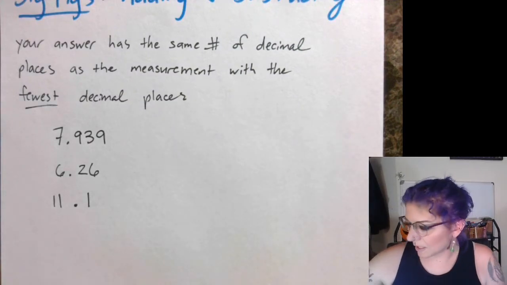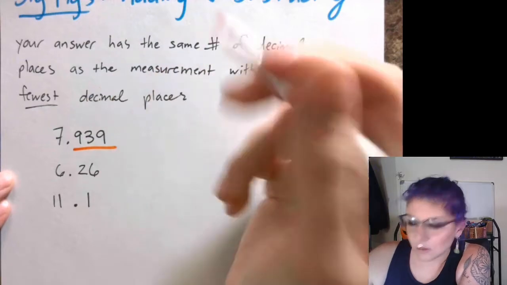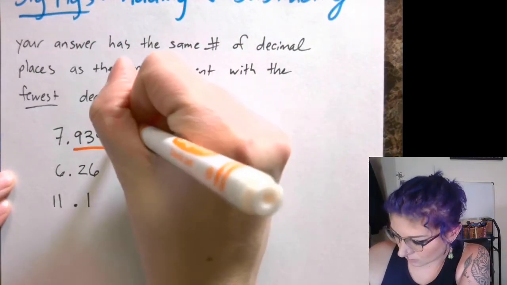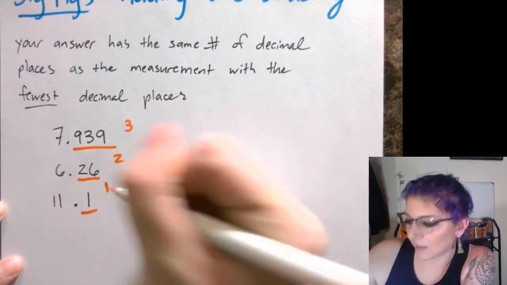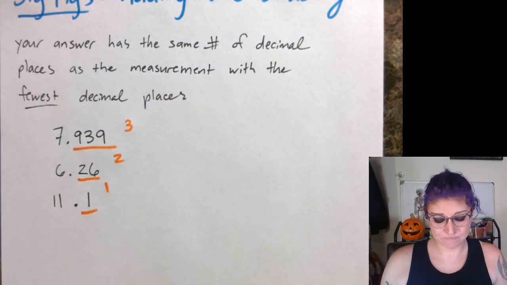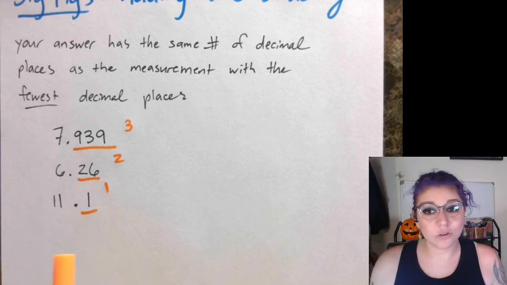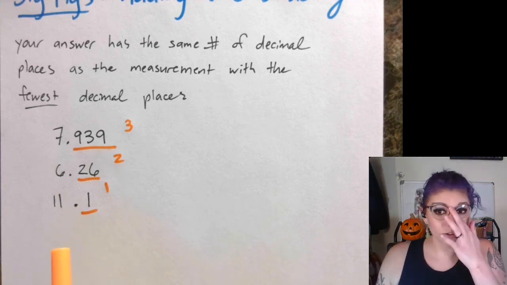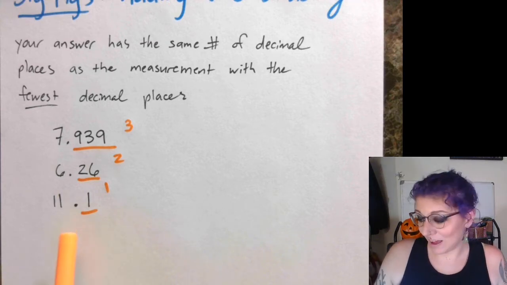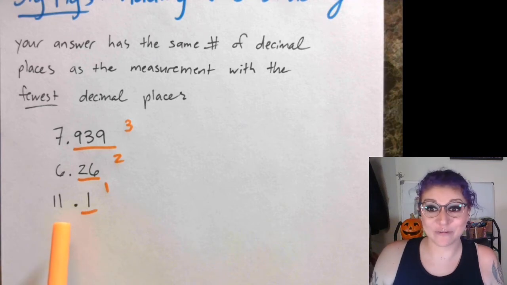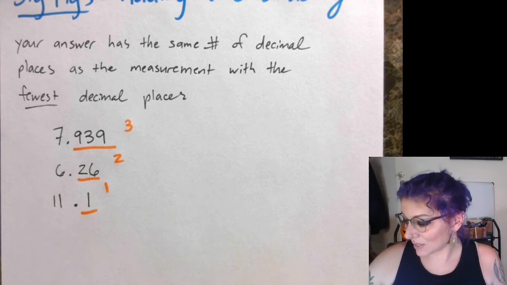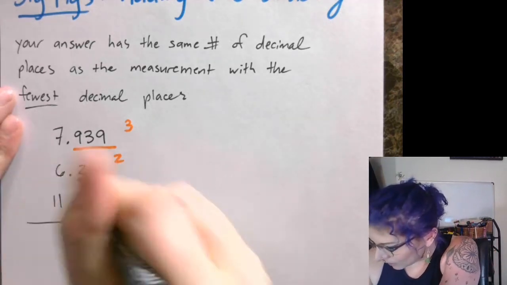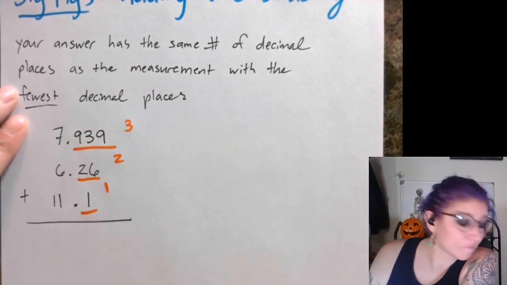So we notice that we have 3 decimal places here, 2 decimal places here, and 1 decimal place here. Again, you can only trust your measurement as much as you trust the number with the least number of decimal places. So in this case, we're going to add these 3 numbers together.